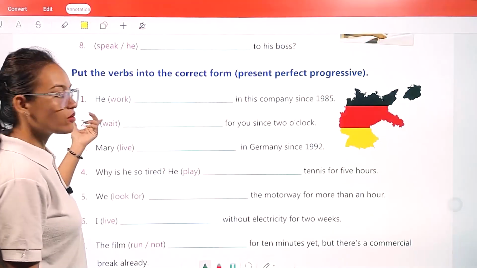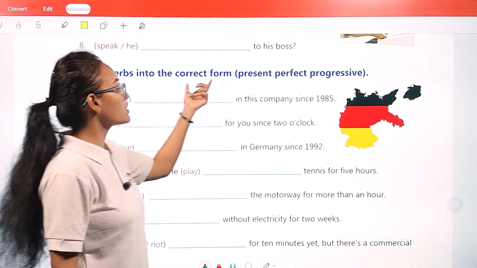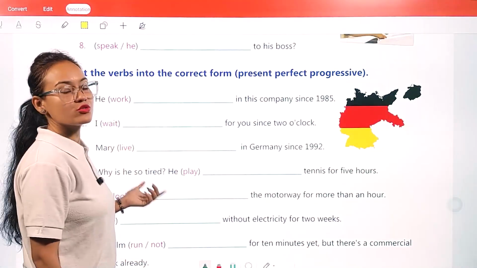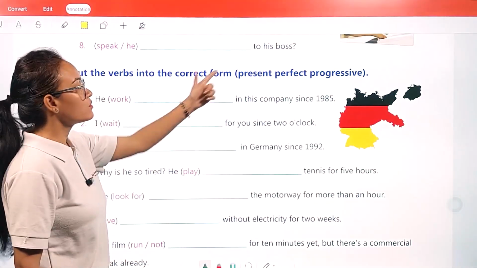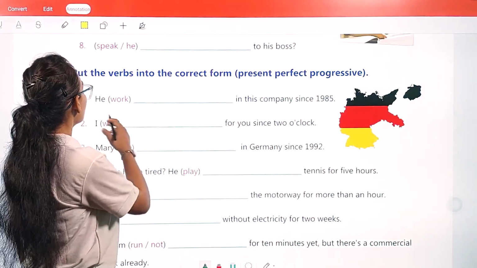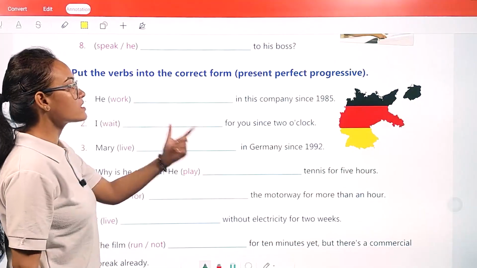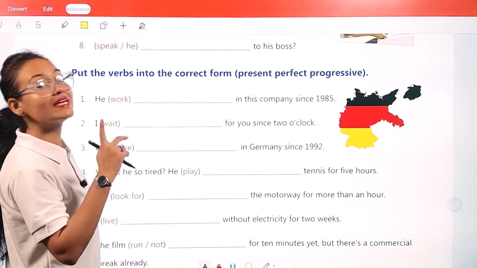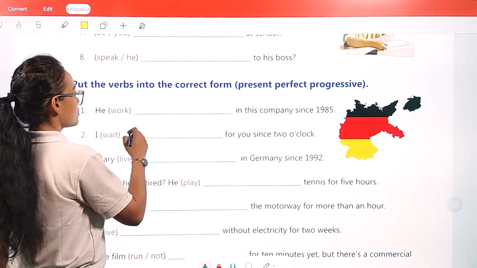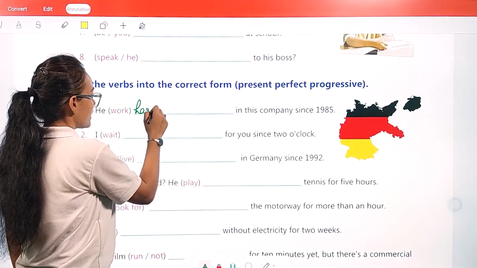Now here, what we are going to do is put the verbs into the correct form, that is present perfect progressive. Here again we are going to convert these verb words into the present perfect progressive tense. One, he worked in this company since 1985. Here I am talking about one person, so he has been.